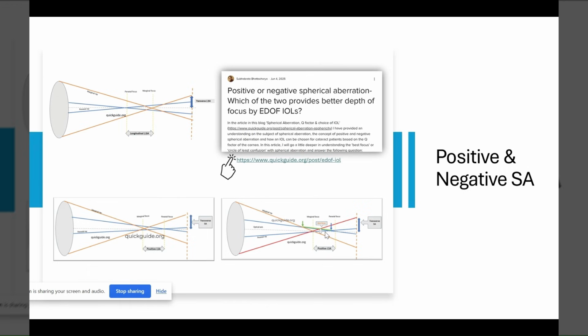So the best focus of the patient, or the best image, will be somewhere closer to the marginal focus. It's around one third away from the marginal focus and two thirds away from the paraxial focus. In my article I have described how you can find out the best focus when there is a positive or negative spherical aberration.